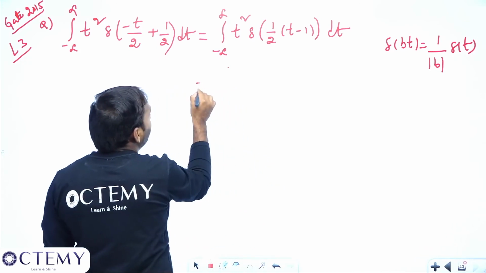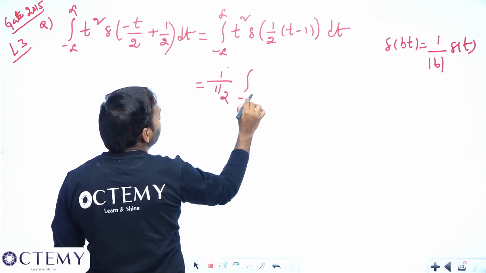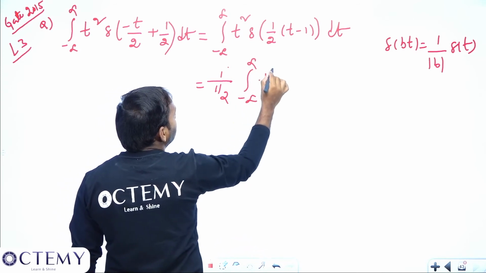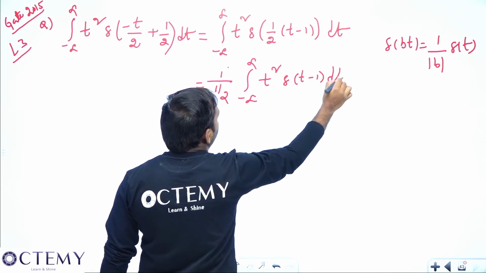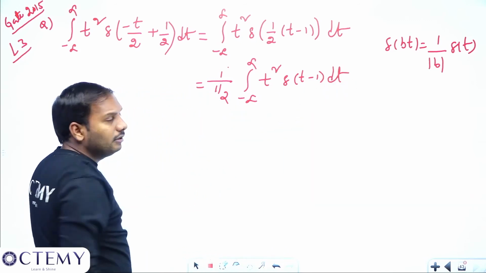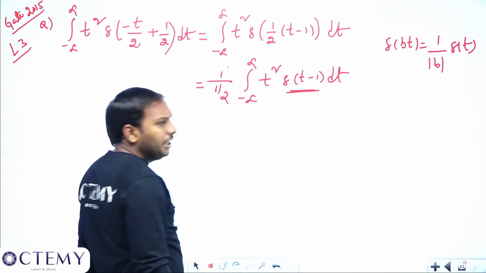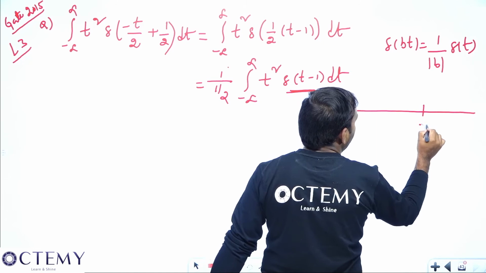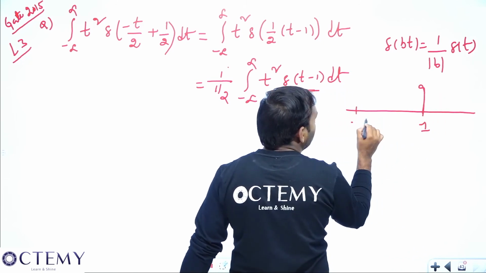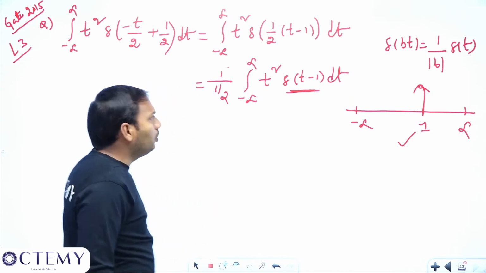So if I try to apply here, this becomes 1 by 2 integral minus infinite to plus infinite t square del of t minus 1 dt. However, impulse function is happening at t is equal to 1. So you draw the scale, you stand at 1 and check whether it is including the limits from minus infinite to plus infinite. Yes, it is including the limits.